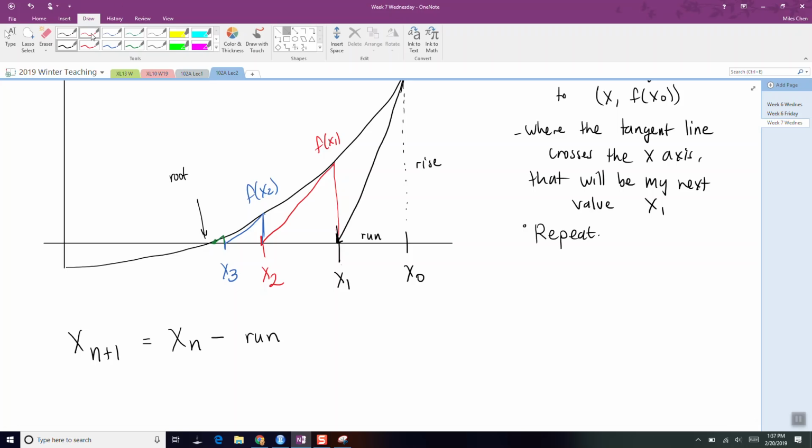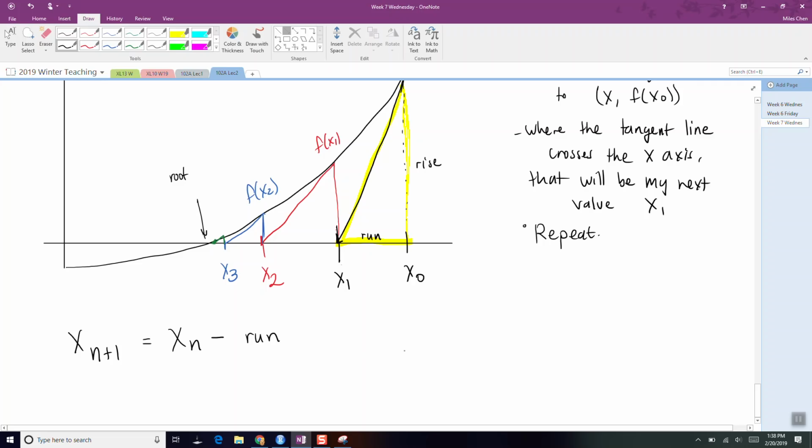All right, so let's take a look at this triangle right here. Okay, so if I take a look at that triangle, basically I'm going to just say our current location minus the run. Is that okay? So we're going to just take a look at this triangle, and it's going to be the next value, xn plus 1, is our current value minus whatever length this is down here, the run. Okay, what is the length of the run? Can I figure this out?